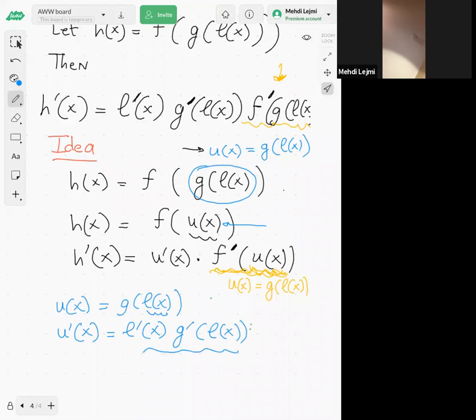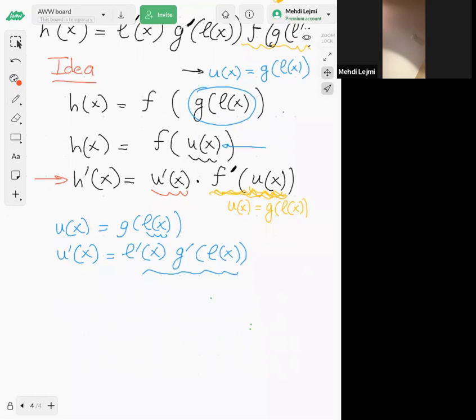Now I can write down my h prime. It's supposed to be u prime times f prime of u. So h prime of x would be u prime, and we just said u prime is L prime of x times g prime of L of x.